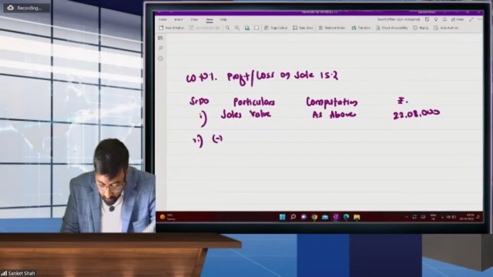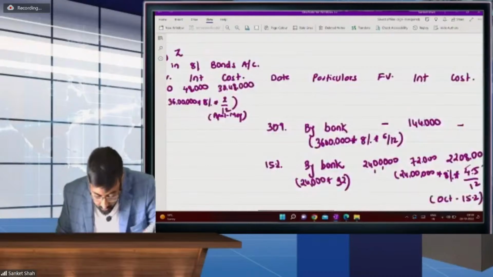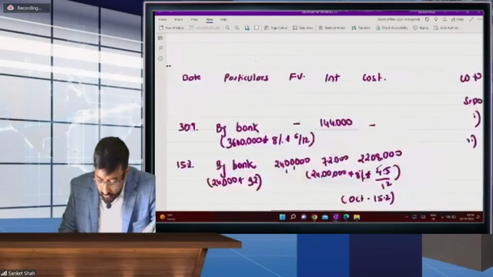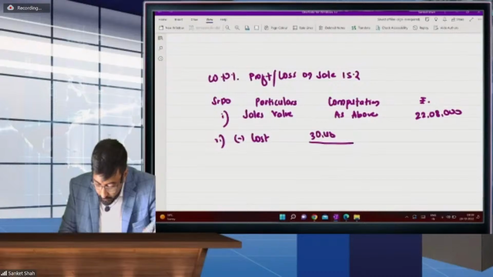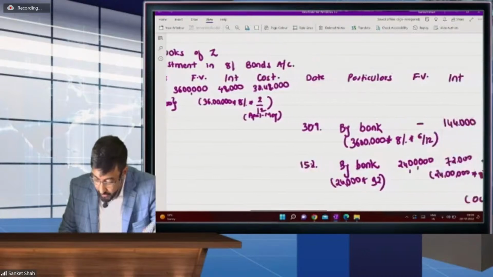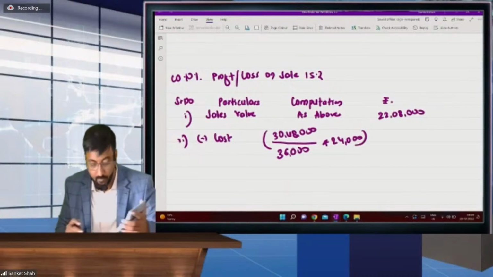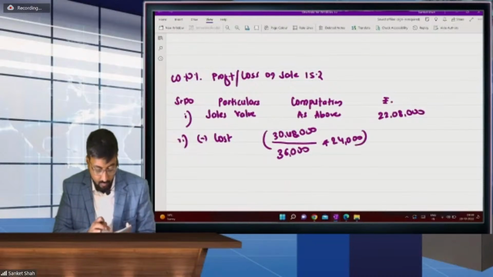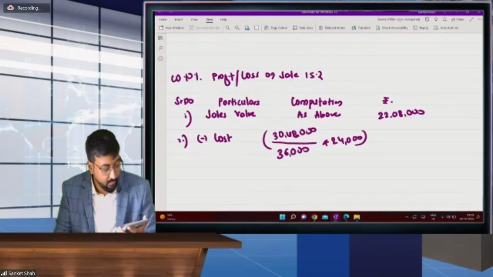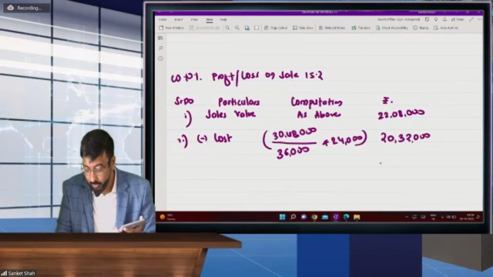Roman 2, less cost. Cost is 30 lakh 48,000 for 36,000, and you sold 24,000. 20 lakh 31,999 means 20 lakh 32,000.